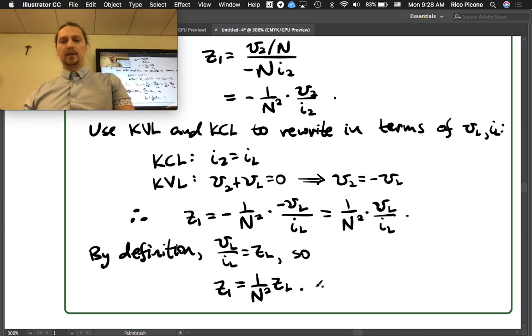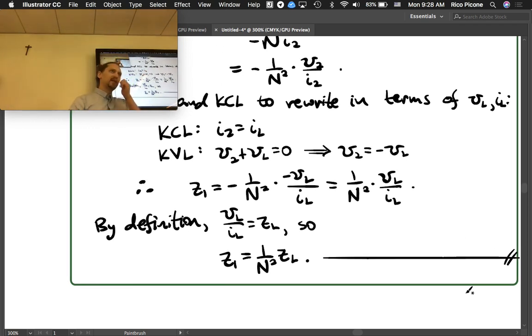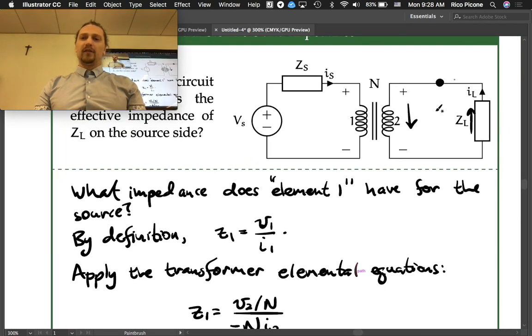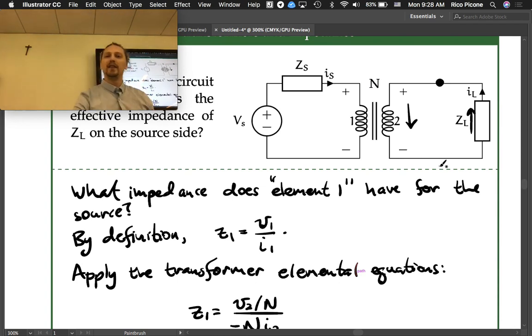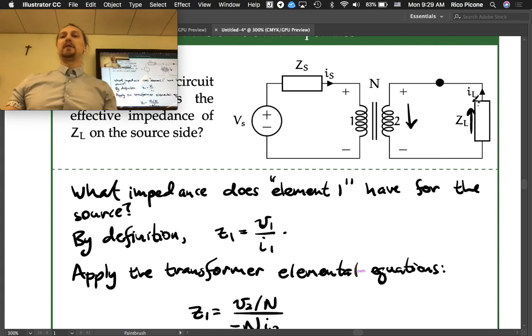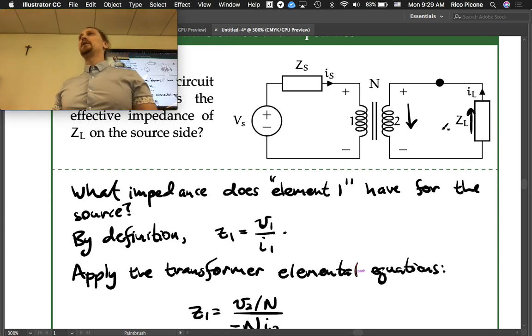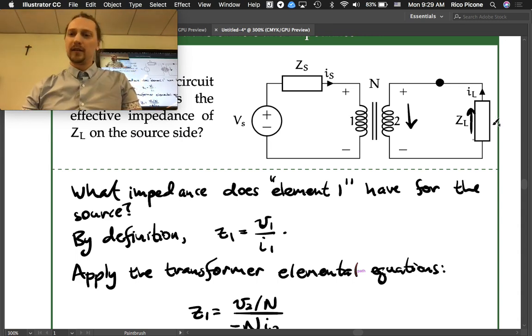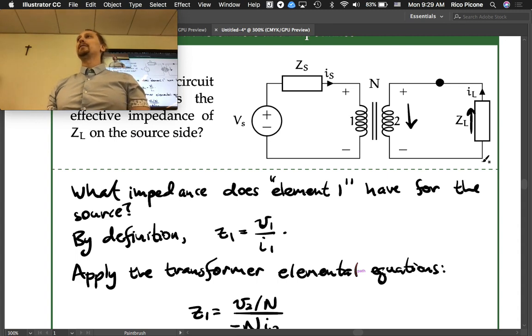So this is a really useful result. If you're going to use impedance methods to do a circuit analysis with a transformer in it, then what you can do is find the equivalent impedance on the load side. So this didn't have to just be a single load. It could have been a bunch of impedances, right? And we could have combined them all down to an equivalent load impedance.